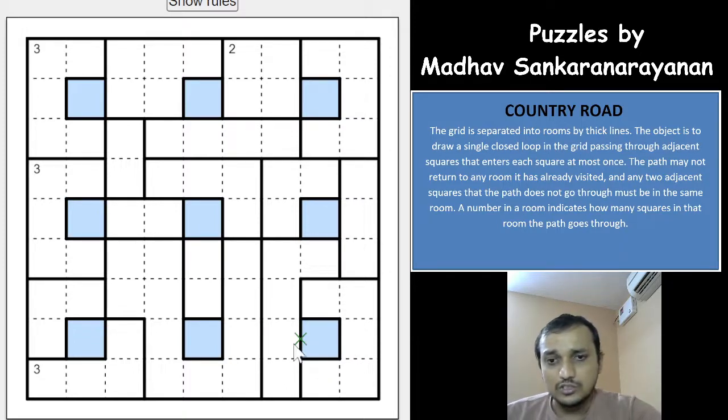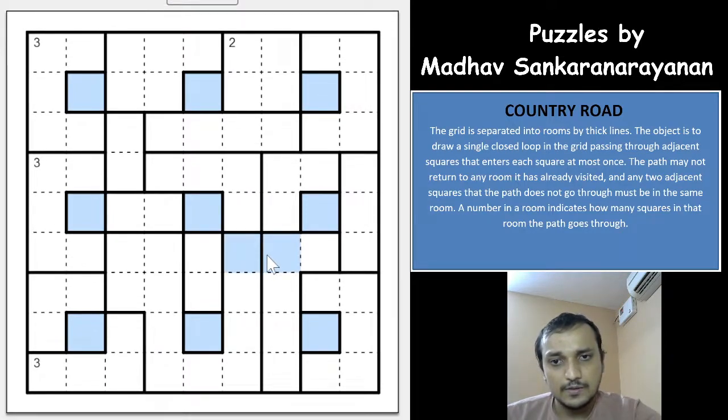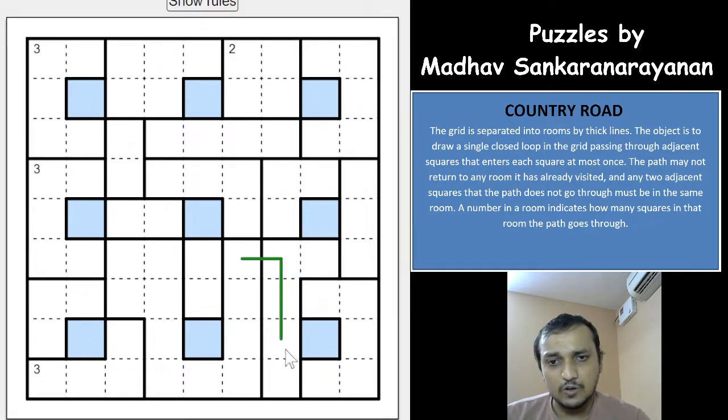So one logic in the country road puzzle is that two ends of the same loop segment cannot be in the same region unless you have passed all the regions. If I have a loop end here and the other loop end is also in the same region, then both will have to meet and you already form a closed loop.